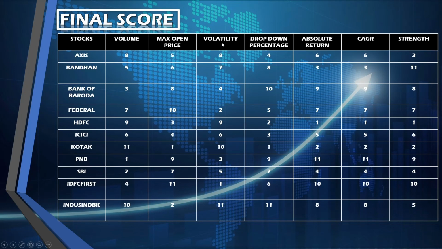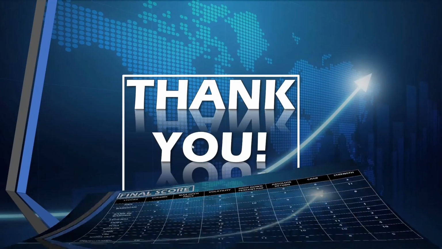And for volatility, first is IDFC First Bank, second is Federal Bank, and third is PNB Bank. So we can use any stocks as per our needs by using those SQL queries which I used in this project in SQL. So this is the end of the project.